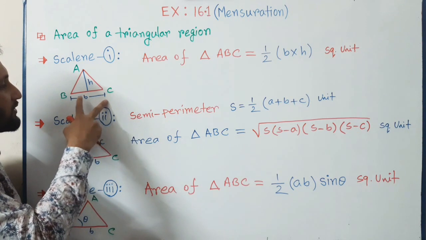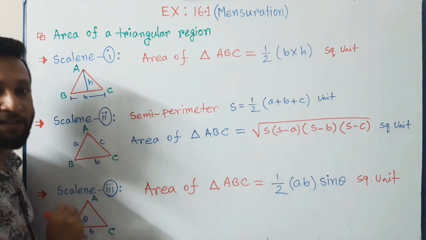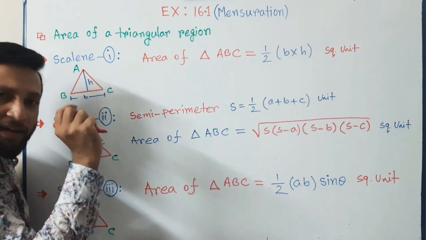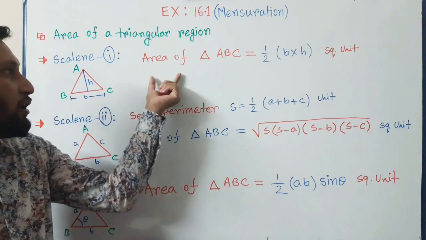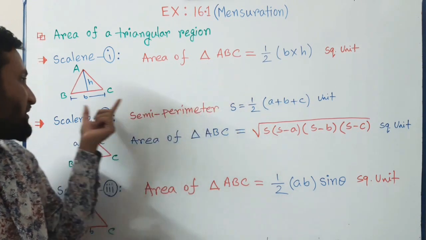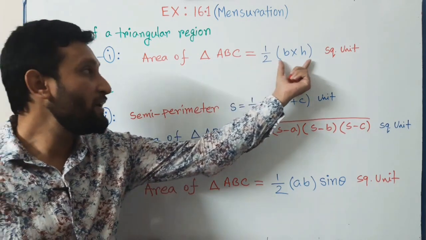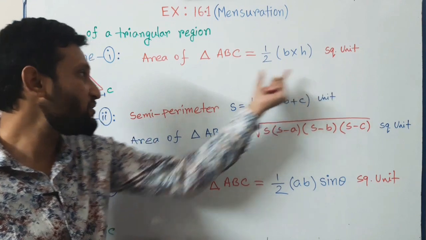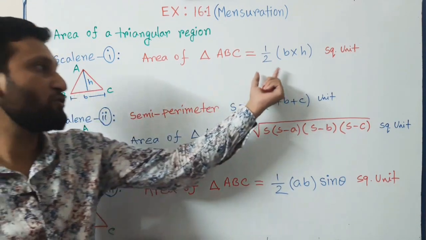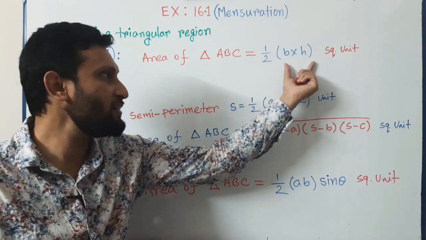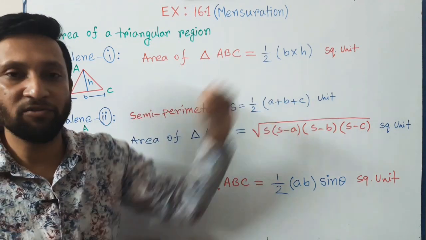If the base and height of this scalene triangle are given, then we can easily find the area of this scalene triangle, and the area of triangle ABC is equal to half of base into height. Here the base is B and the height is H. So half of base into height is equal to the area of this scalene triangle, in square units.